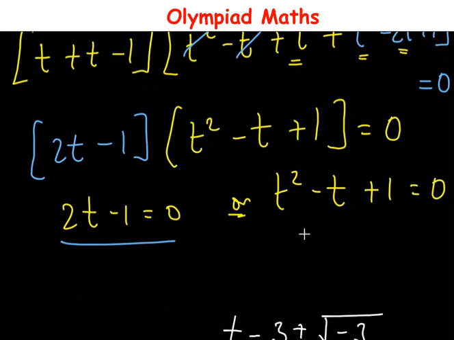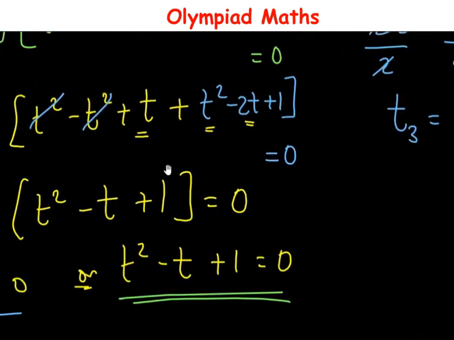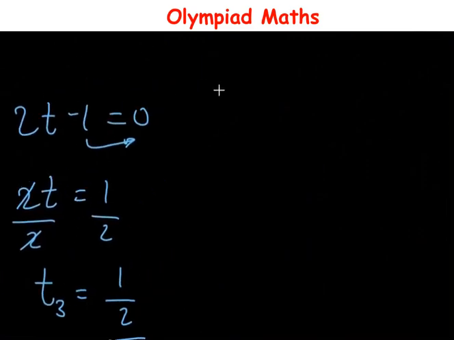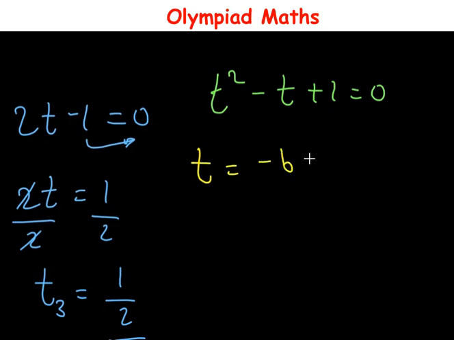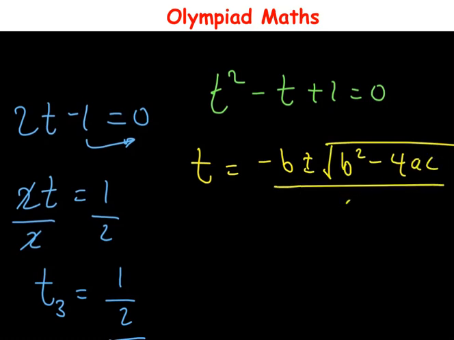The next equation, which is t squared minus t plus 1 equals 0. So right here, we have t squared minus t plus 1 equals 0. Here we have a quadratic equation. To solve for the value of t, make use of the quadratic formula. With respect to t, t is equal to minus b plus or minus square root b squared minus 4ac all over 2a.